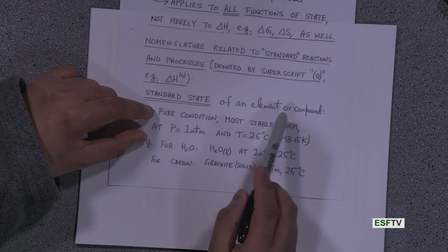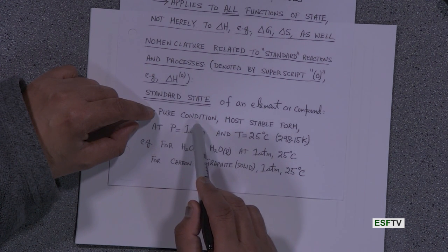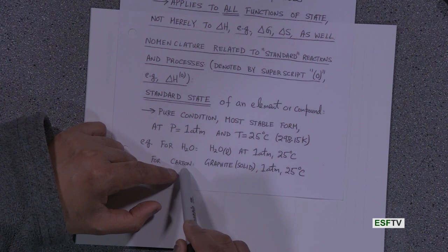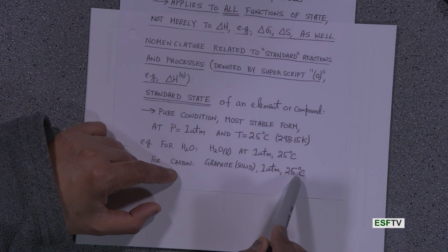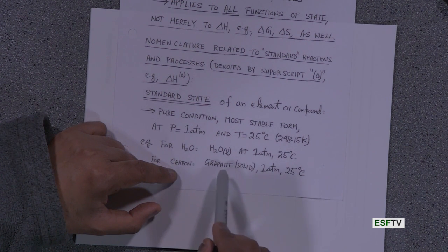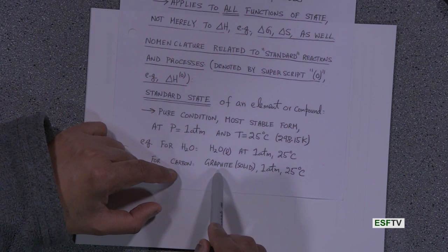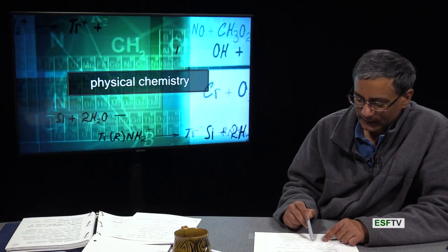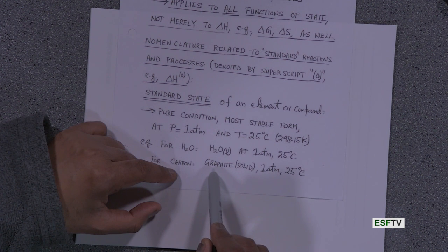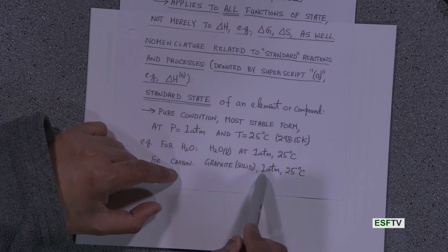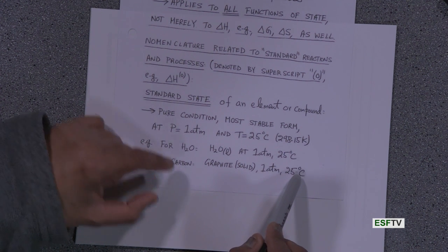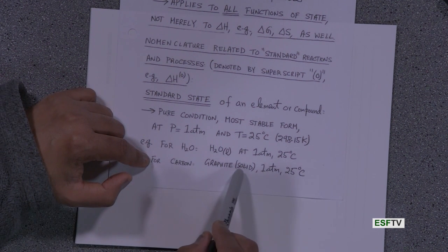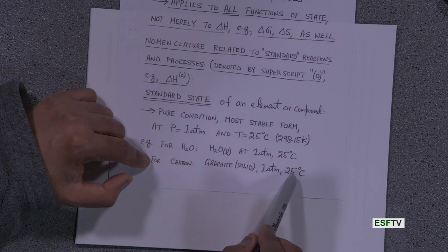For carbon, at 1 atmosphere and 25 degrees C, the solid graphite phase is more stable than diamond. Yes, regardless of what one might think, diamond is thermodynamically unstable compared to graphite under standard conditions. So the standard state for carbon is the solid graphite under this pressure and temperature.